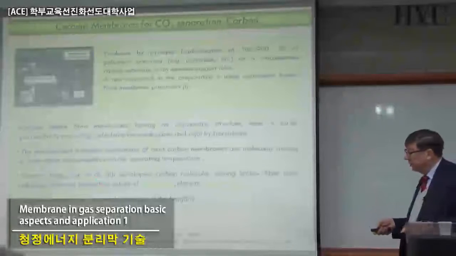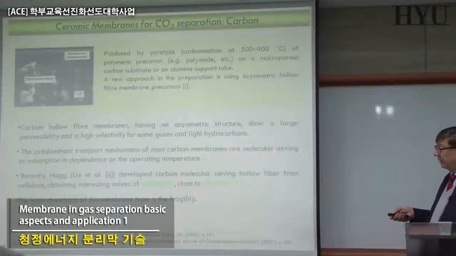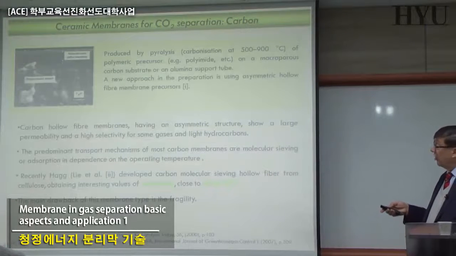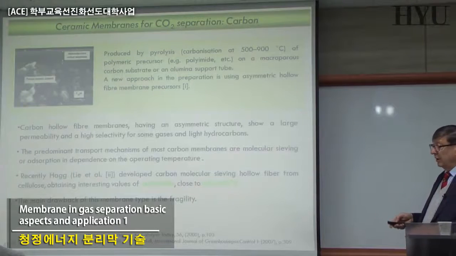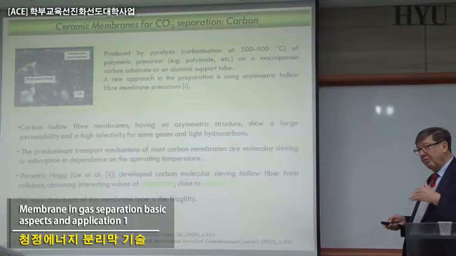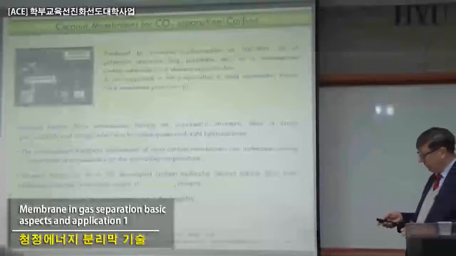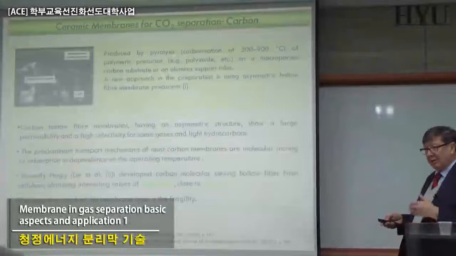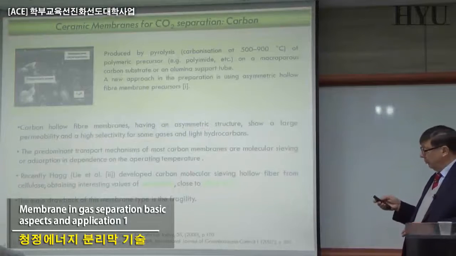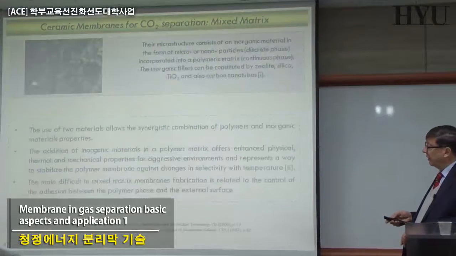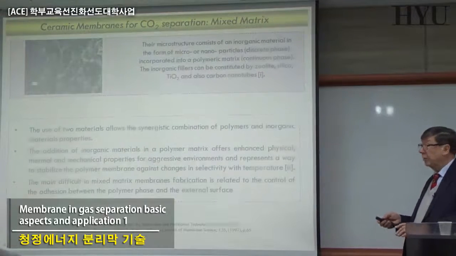This work on membranes in Norway, at Trondheim University, is related to CO2, and they have been able to obtain a selectivity that, if we can produce this kind of membrane on a large scale, can give a real contribution to the solution of the problem of CO2 capture and selectivity. However, these membranes are at the moment still not produced on a large scale.